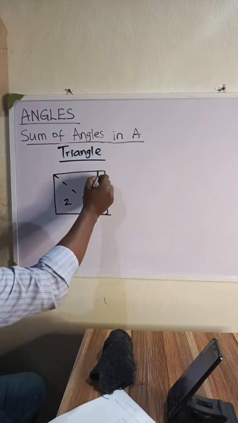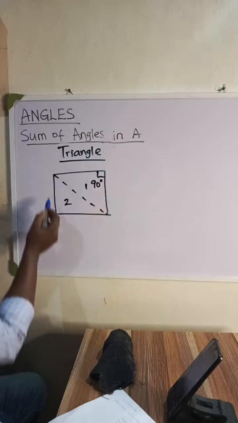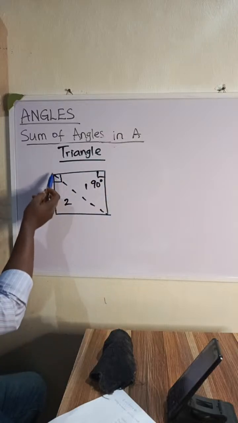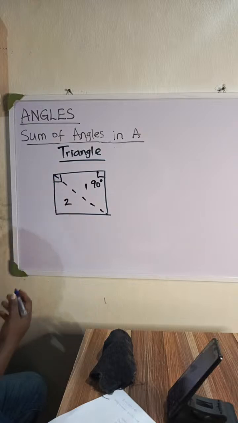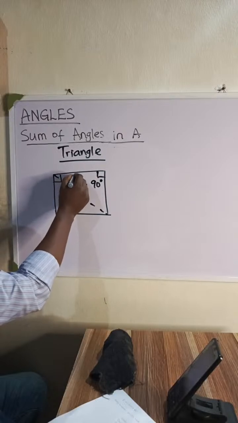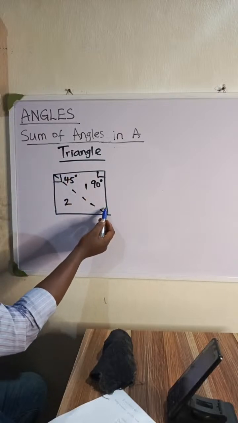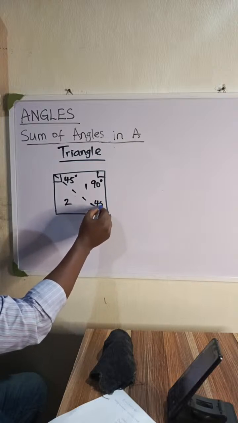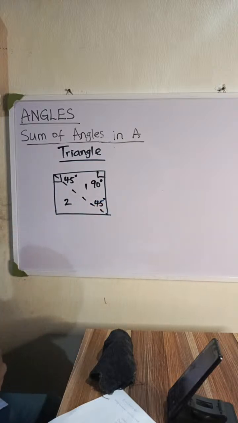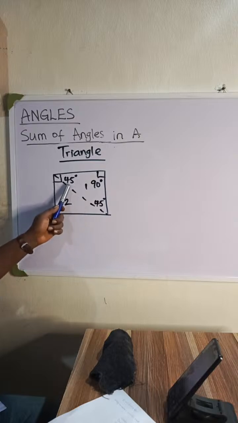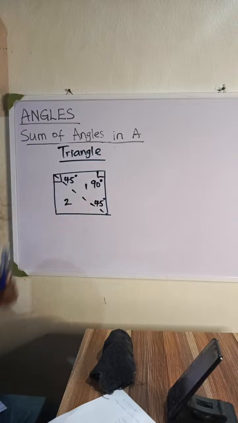Remember, here it's 90 degrees, but it is now divided into two. So here will be 45 degrees. Also, here was 90 degrees, but it is now divided into two. So here will be 45 degrees. So for triangle 1, the sum of angles is equal to 45 degrees plus 45 degrees plus 90 degrees.